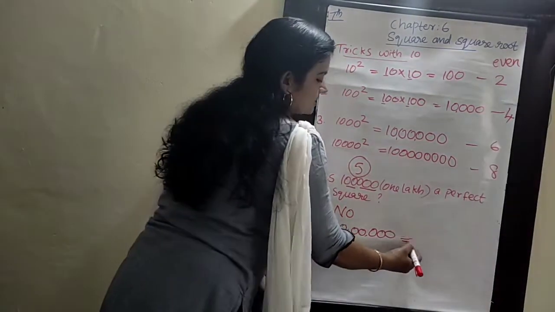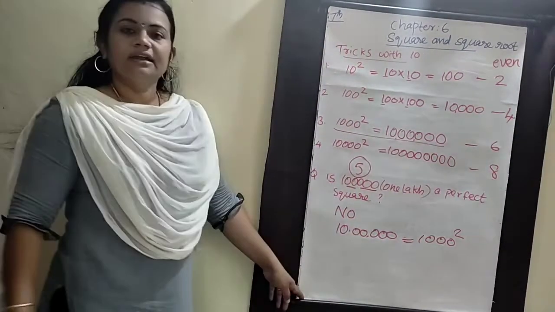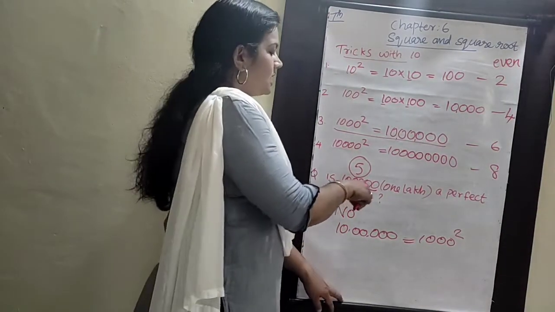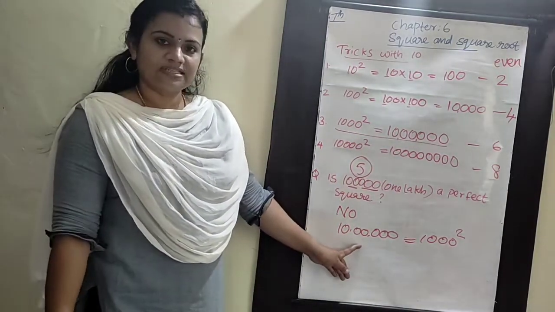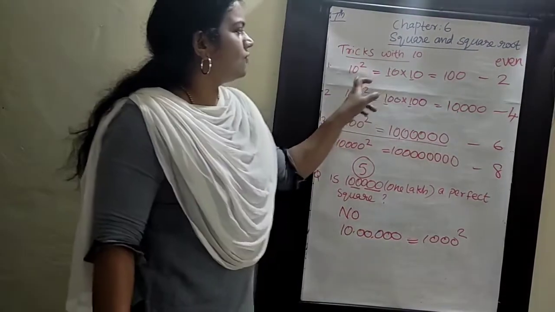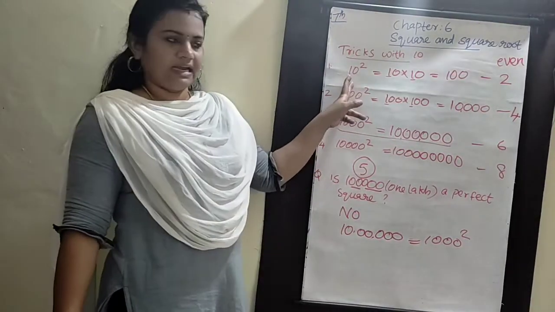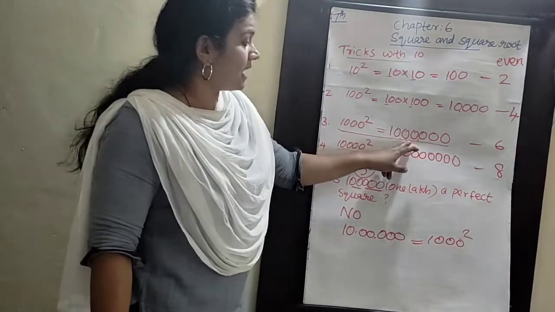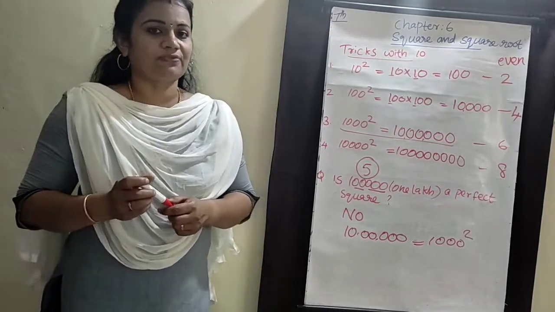So 10 lakh is the square of 1000. 1000 square is equal to 10 lakh. So 1 lakh is not a perfect square because the number of zeros is odd, and 10 lakh is a perfect square, the square of 1000. Then 100 is the square of 10, 10,000 is the square of 100, and 10 lakh is the square of 1000. Understood how to write the perfect squares?